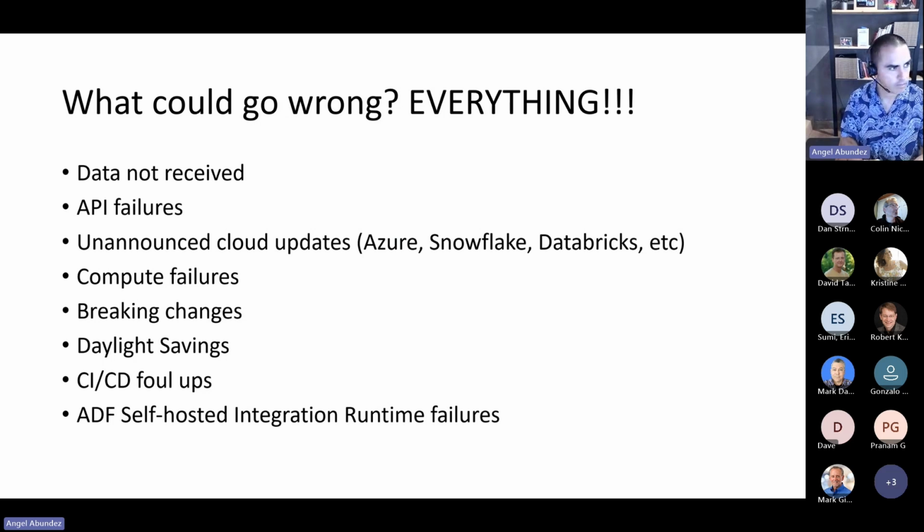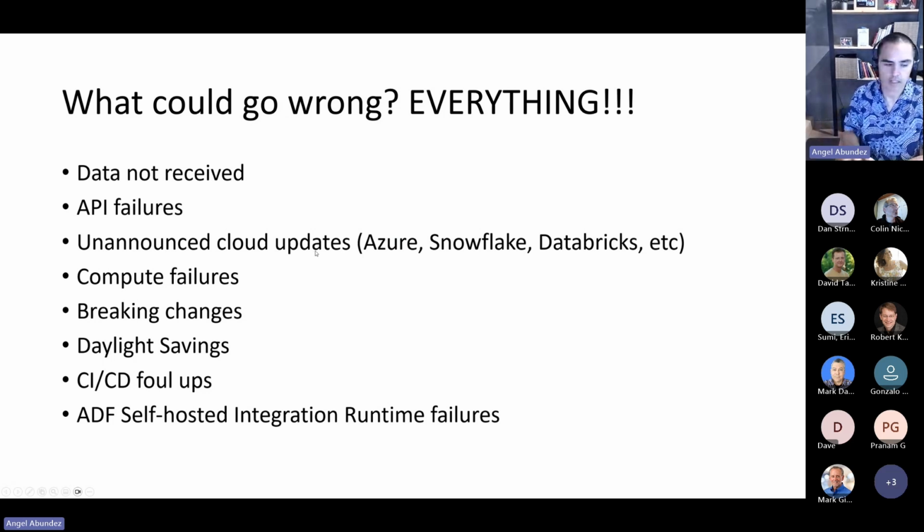Sometimes vendors will update their technology stacks. They'll migrate data centers. They have outages. Just recently we had a very big outage that affected anybody who was on the Microsoft platform. I forget what the outage was called, but it was all over the news. So things fail all the time, especially with APIs.